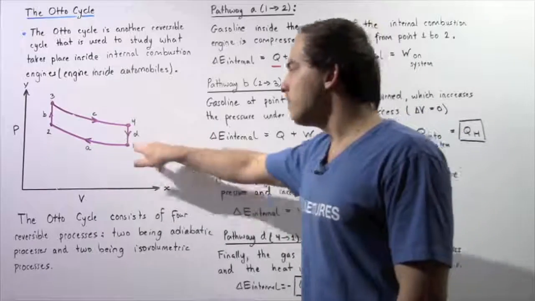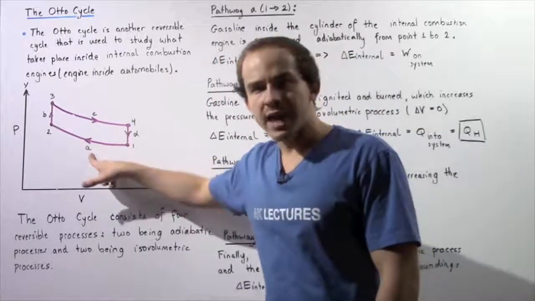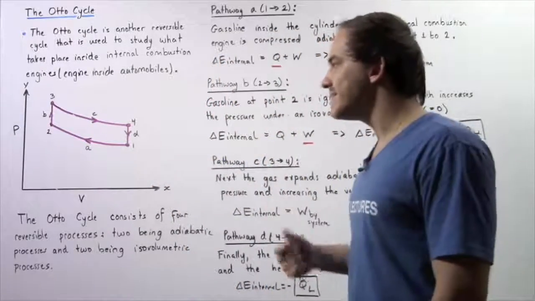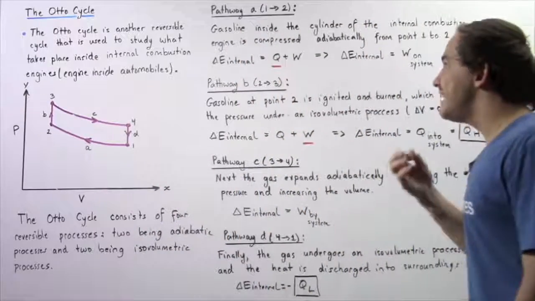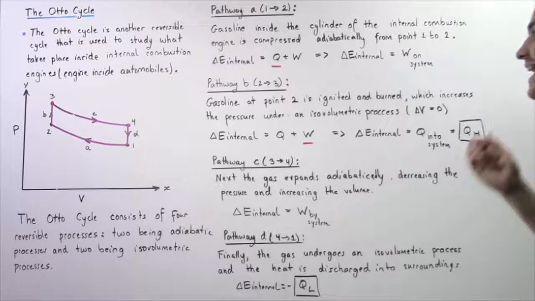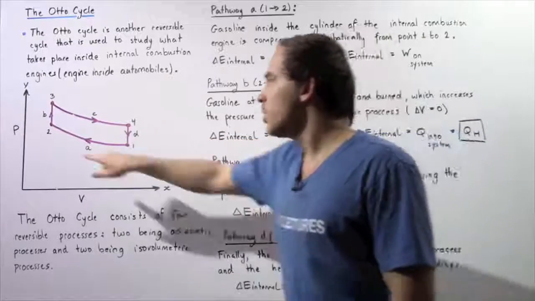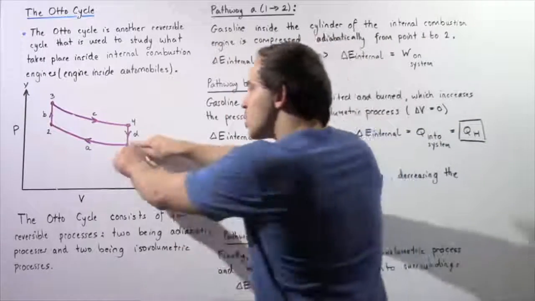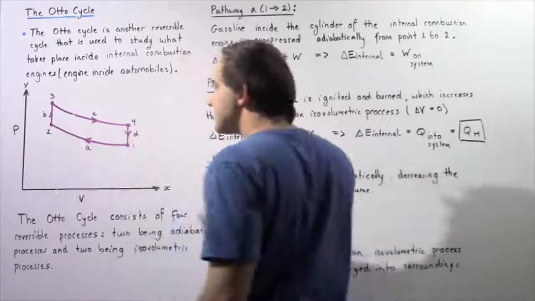When we go from position 1 to position 2, that is pathway A. So let's see what happens in process number 1. The gasoline inside the cylinder of the internal combustion engine is compressed adiabatically from position 1 to position 2. So this first process is an adiabatic process.